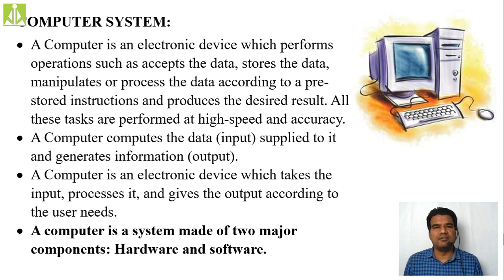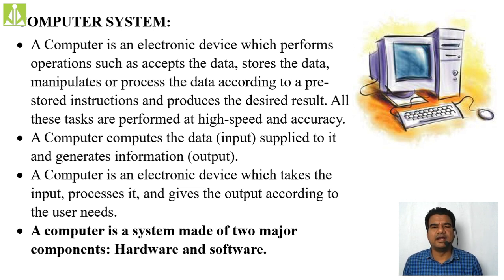The output can be printed on the computer screen. Most of the time, the output will be shown on the screen, and sometimes you can even get it on paper, isn't it? With the help of a printer, we'll print the output on paper.